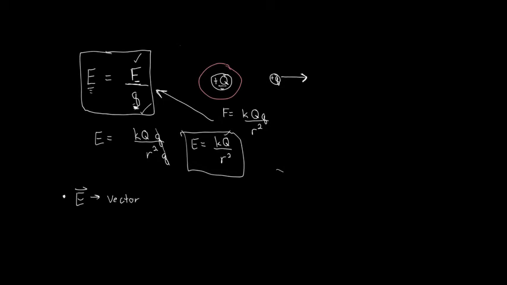From physics 1, when we had vectors, we had to keep the x direction and different directions separate. The same thing's going to apply here. I have to add directions for fields appropriately. And we'll often have multiple charge systems. Multiple charges are going to have multiple fields, and each field is going to go in a different direction.